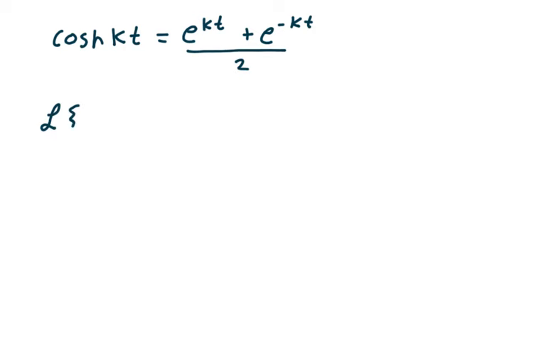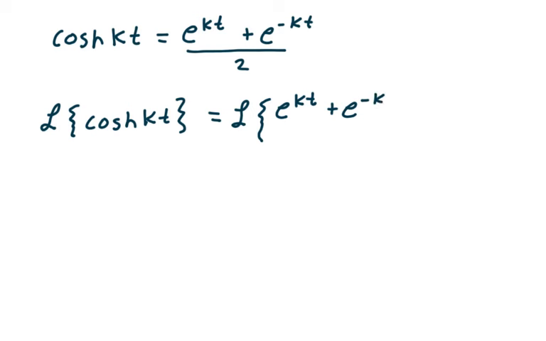So we're essentially going to do the same thing. I'm going to take the Laplace transform of both sides. So the Laplace transform of cosh of kt is the Laplace transform of e to the kt plus e to the negative kt divided by 2.